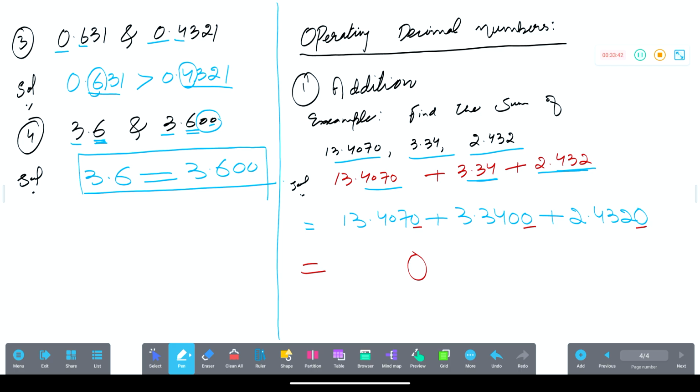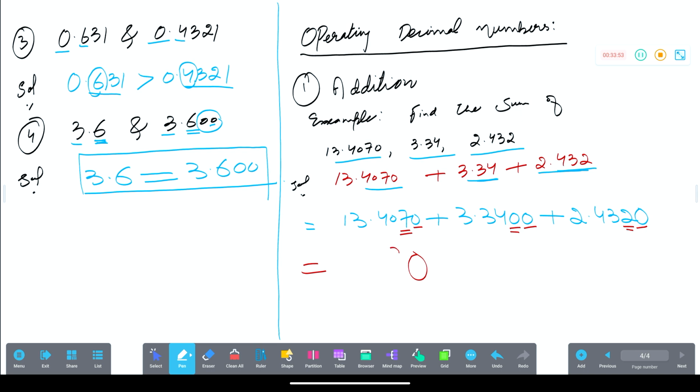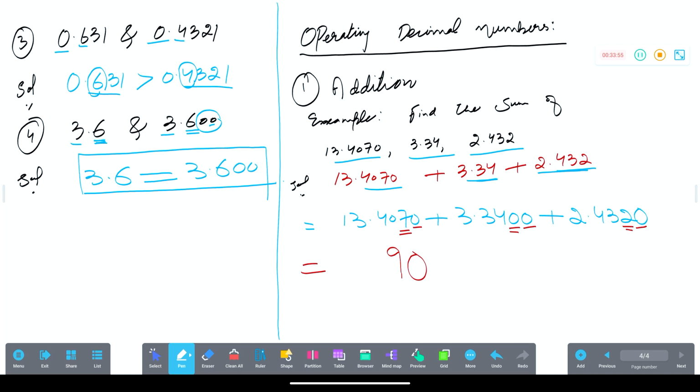Then the second place, 7 here, 0 here, 2 here. So 7 plus 0, sorry, plus 2 is 9. It will be 9. Then third, it is 0 here, 4 here, 3 here. So clearly 0 plus 4 is 4, 4 plus 3 is 7.